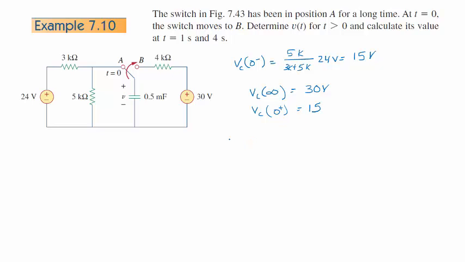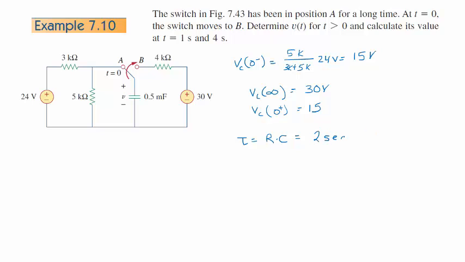The other part that we need to know about the circuit is the time constant. We only have these two components here, so it's going to be R times C, with one being half a millifarad and the other being 4 kilo ohms, which turns out to be a time constant of 2 seconds.